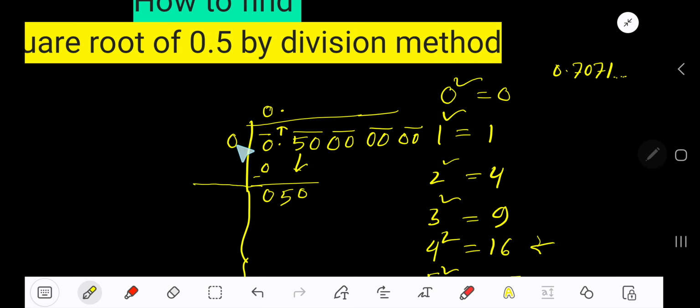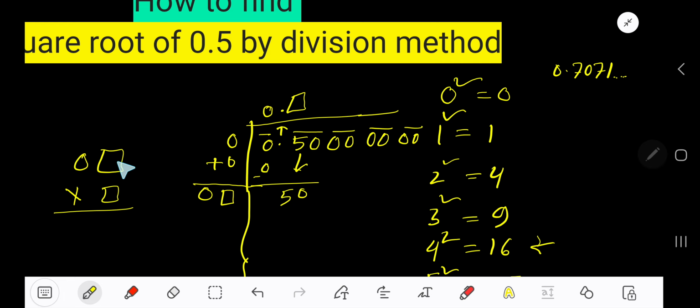Now double this divisor. So add the same divisor twice. 0 plus 0, again 0. Now this 0 doesn't have any value, so you have to place a number here, and also you have to place that number here, and you need to multiply this number by that number.